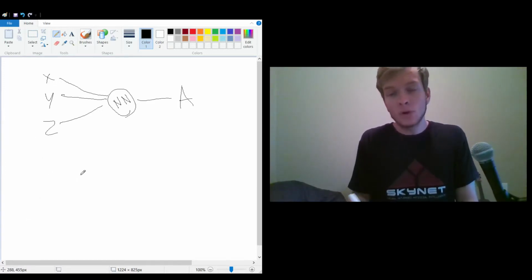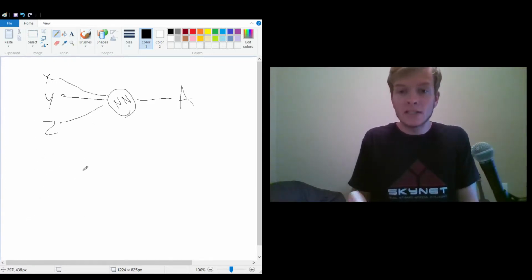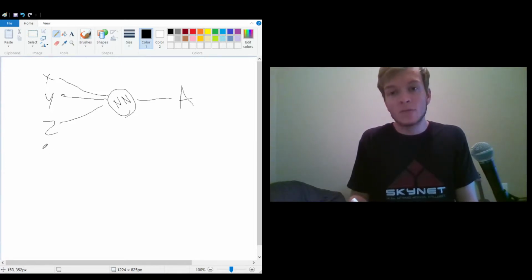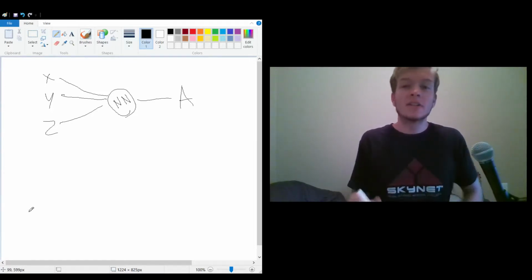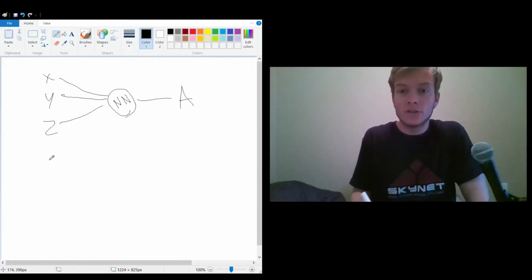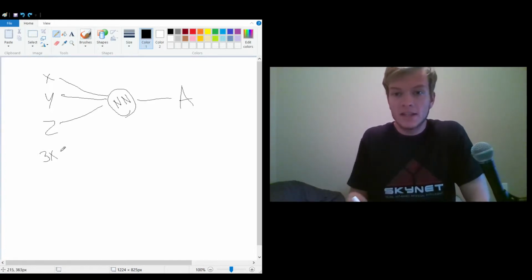So what the deep learning algorithm does is it takes the input variables and tries out different dependencies. What it could do is maybe create some variable that's 3x plus z, no, that's not a good idea. Let's say it's 3xy divided by z.